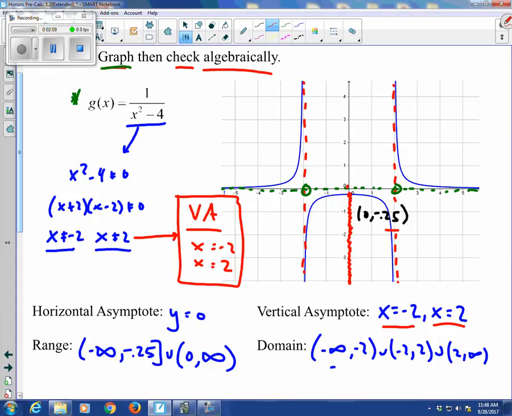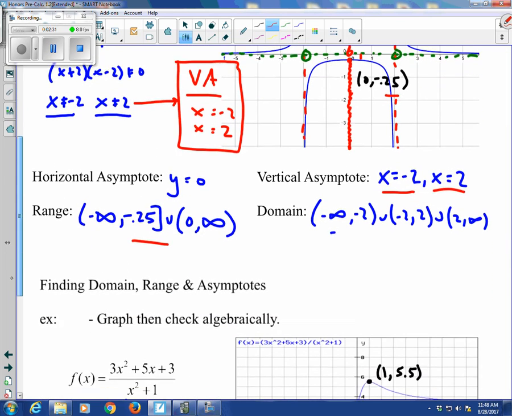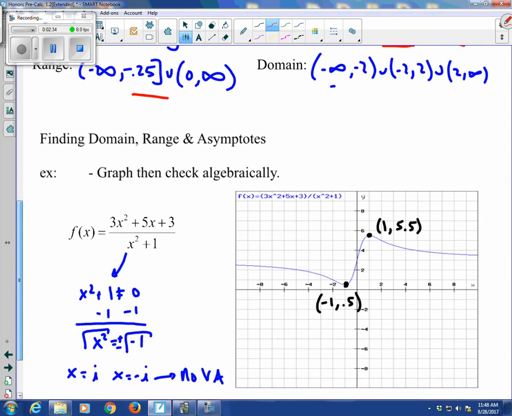And then I don't have y values in this gap right here, but I've got y values after that in ordered pairs, after my horizontal asymptote at 0, all the way up to positive infinity. So right here we would say the range would be negative infinity to negative 0.25, union 0 to positive infinity, where we're including that negative 0.25 as a function value.